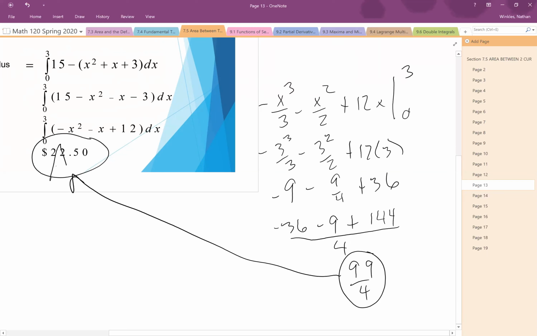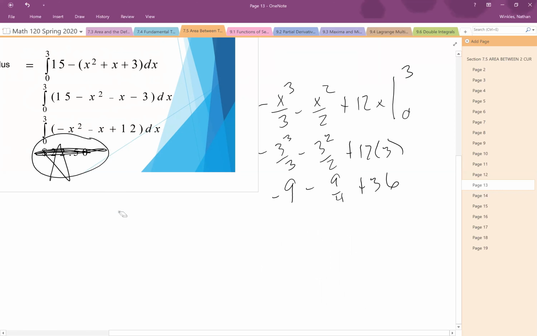That answer is actually incorrect, unless I've made a mistake somewhere. Minus x cubed over 3 minus x squared over 2 plus 12x. I actually did make a mistake, so let's go back and fix that mistake. This should have been a 2, not a 4.